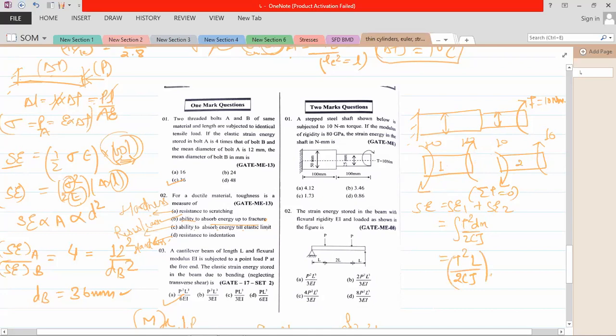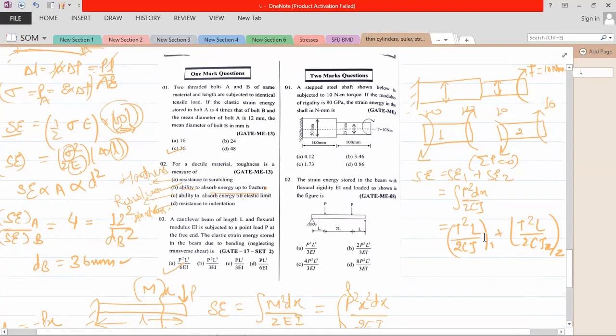This is for the first body and for the second body, you just change the value of J and the value of L. Torque is the same and the material is also the same, so you can write T square upon 2G into length, into 1 by J1 plus 1 by J2. Put the values of T, L, G, J1 and J2, because J1 and J2 are different, and you can get the answer.